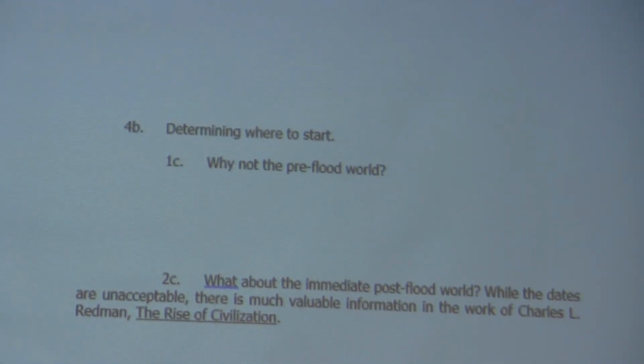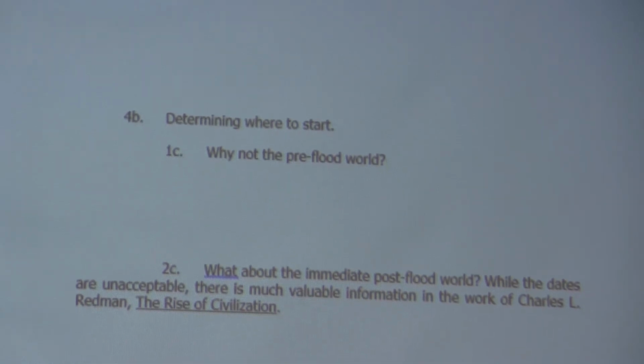Even the topography of the earth would have been changed. For example, we know from Genesis 1 through 2 that the text tells us that there were 4 rivers in the Garden of Eden, and we know the 2, the Tigris and the Euphrates, but the other 2 we don't know. Perhaps the flood changed the topography and those rivers are no longer there. So, if we're not starting with the flood, then we would ask ourselves, what about the immediate post-flood world?